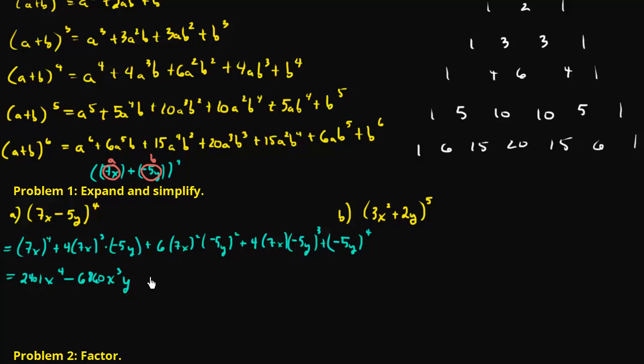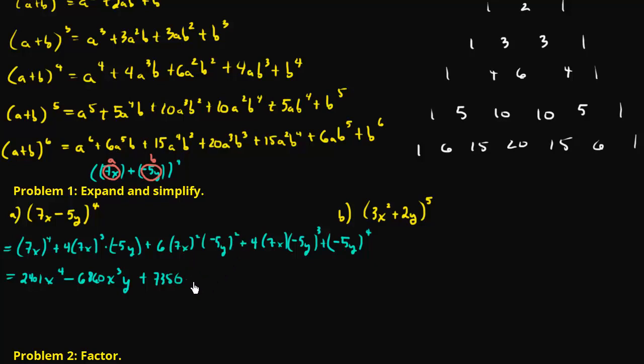And then we've got plus 6 times 7 squared times negative 5 squared. So we've got 6 times 49 times 25, which is 7,350. Notice that this term is positive because I'm raising negative 5 to the power of 2, which is positive.